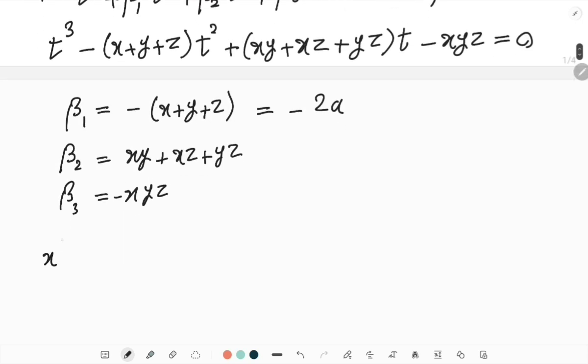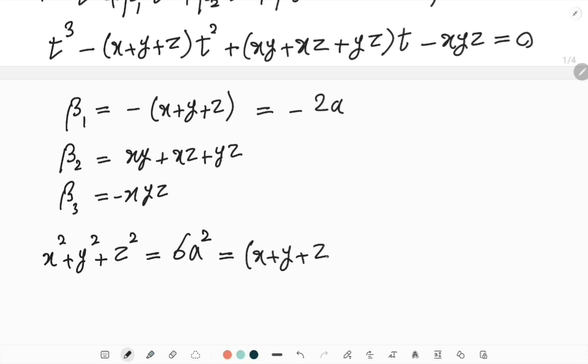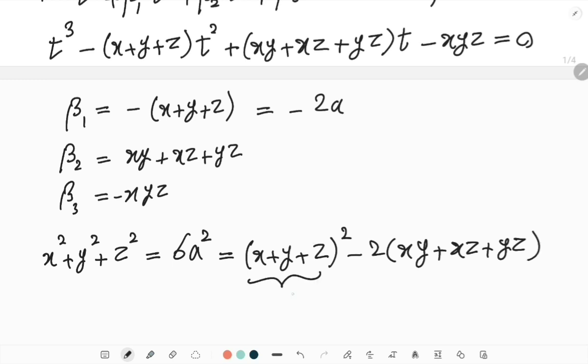I have x² plus y² plus z², which is equal to 6a², but I can use a very well-known algebraic identity, which is basically this one: (x plus y plus z)² minus 2 times (xy plus xz plus yz), okay? But x plus y plus z I already know. This is 2a.